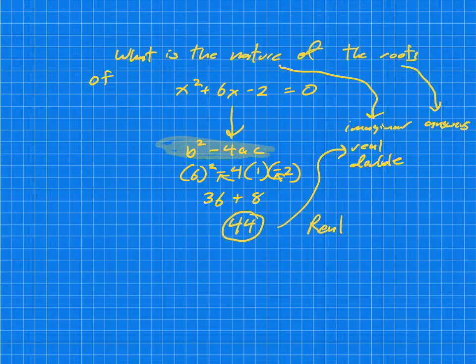Nothing more. We don't put the radical over it or anything else. Though I recognize that you're seeing this from the quadratic formula perspective. But this is the formula that we need to know to find the nature of the roots. So don't make it a bigger deal than it really is.